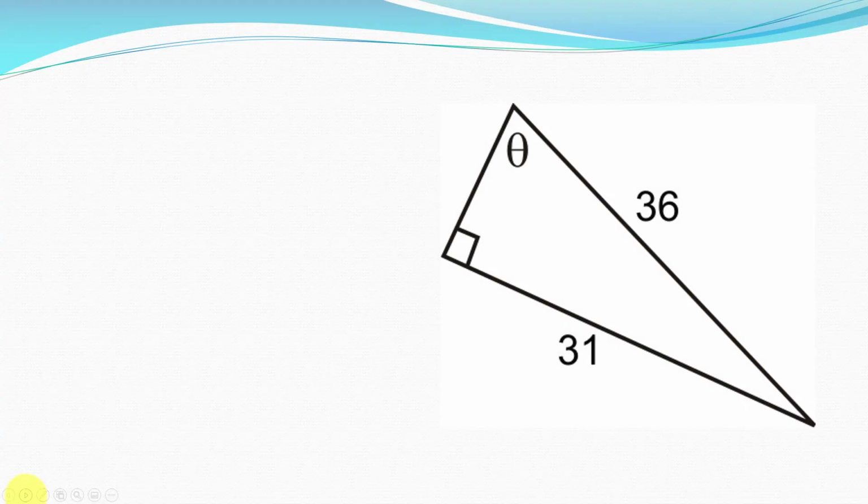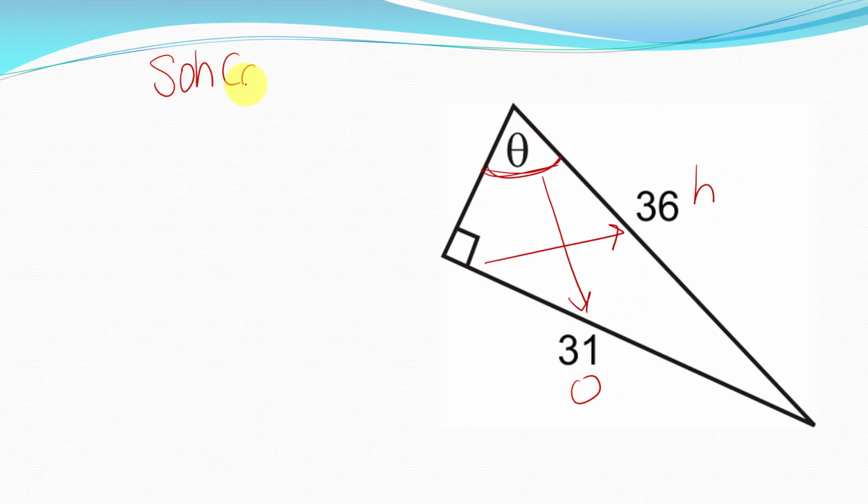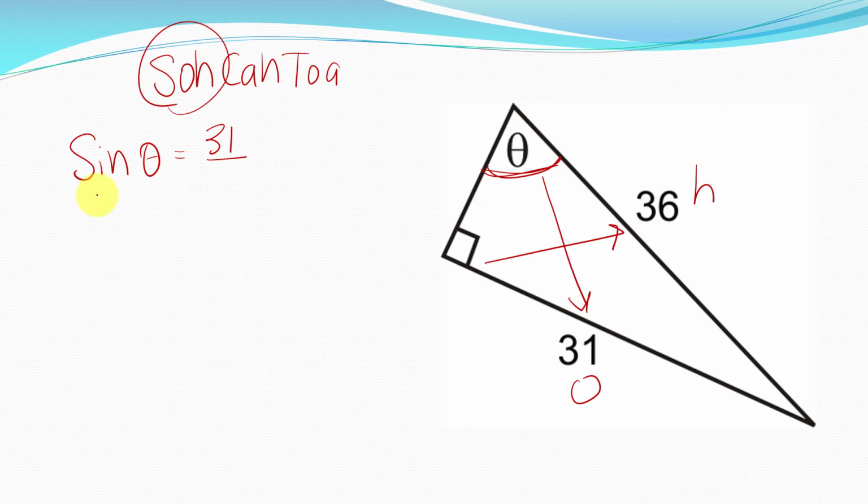All right, so solving for theta, this is opposite, this is hypotenuse. So who uses O and H? SOHCAHTOA. O and H is sine, so I'm going to say the sine of theta equals opposite over hypotenuse.